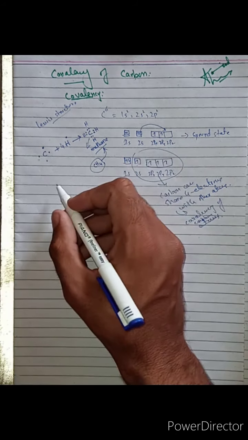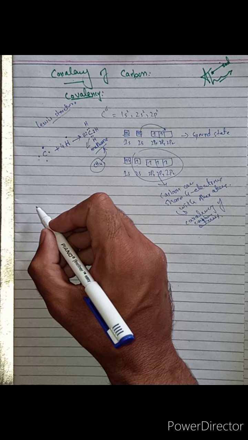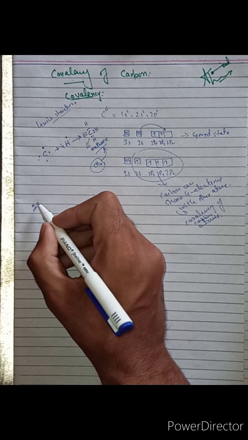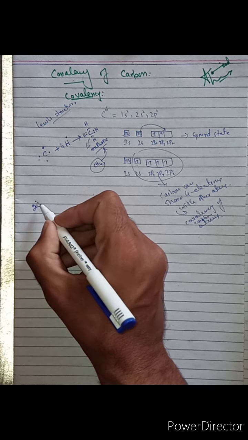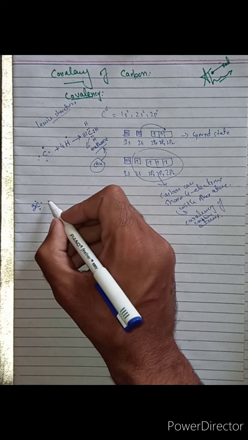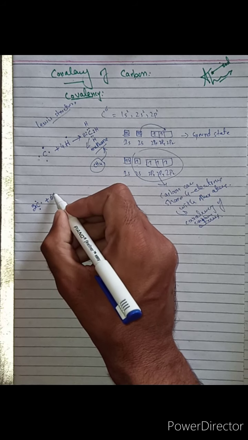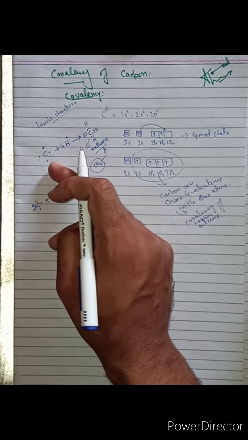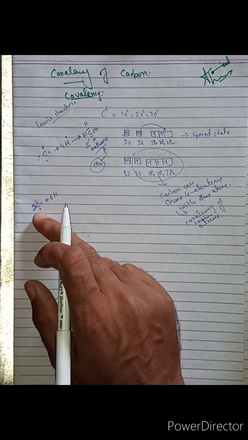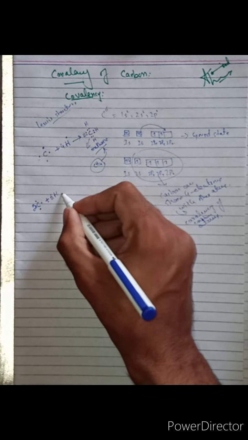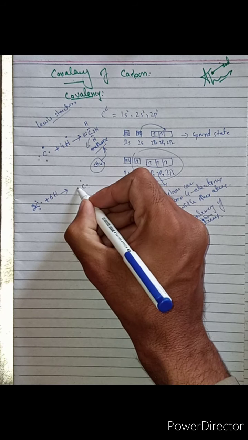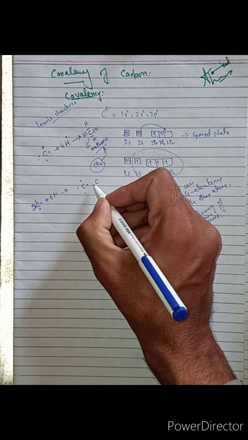Here is another example: if there are two carbons, each carbon has four electrons in its valence shell, and these electrons will be shared. In the first case we added four hydrogens to a single carbon. In this case we are adding six hydrogens to two carbons. This is one carbon and this is another carbon.